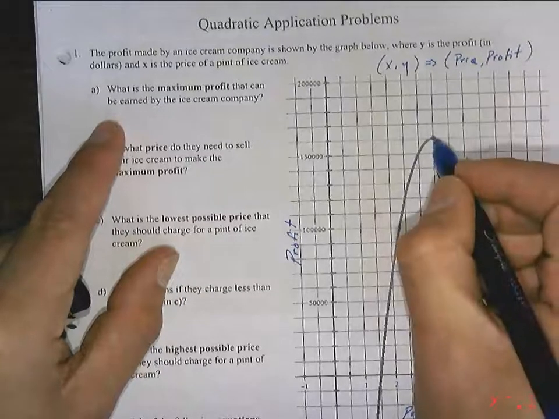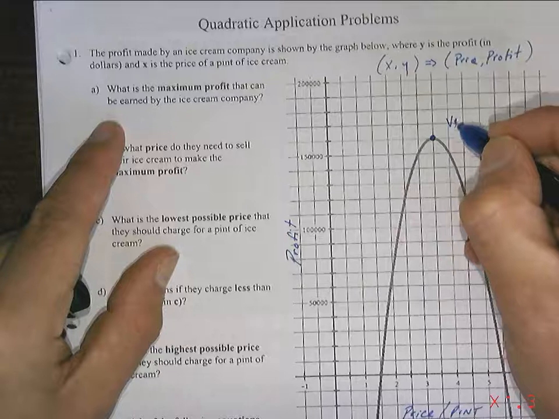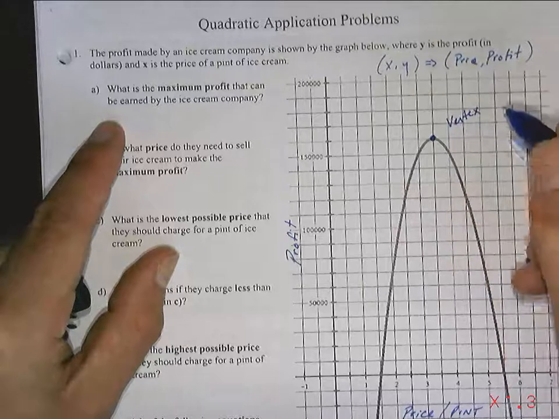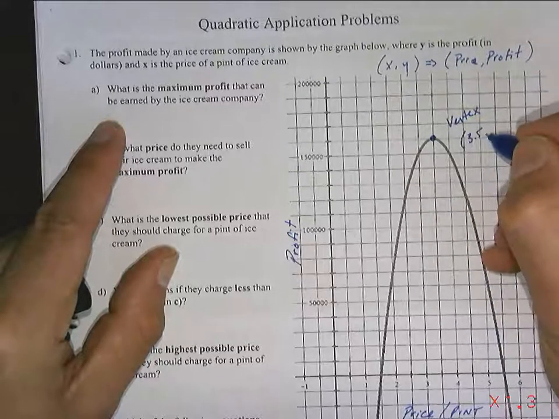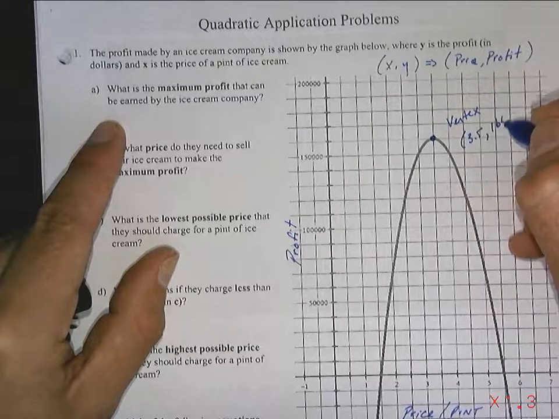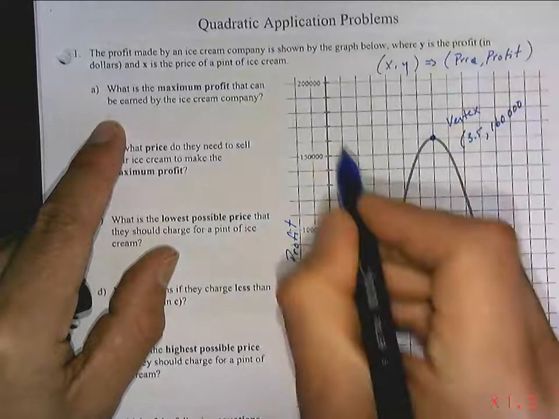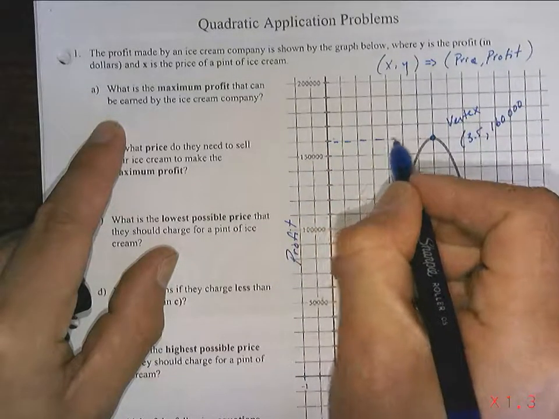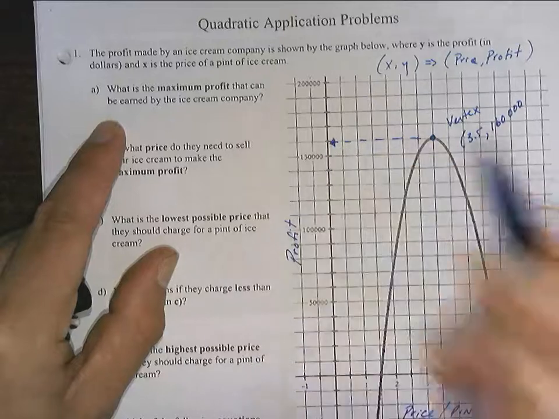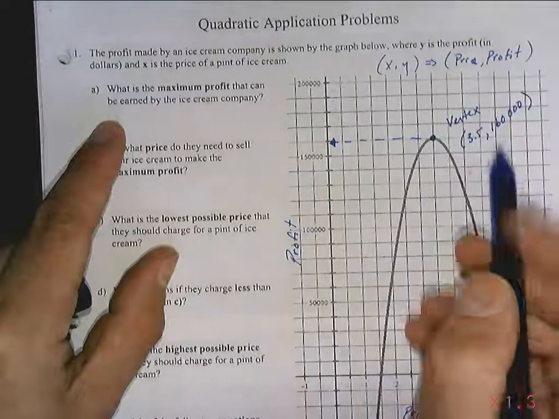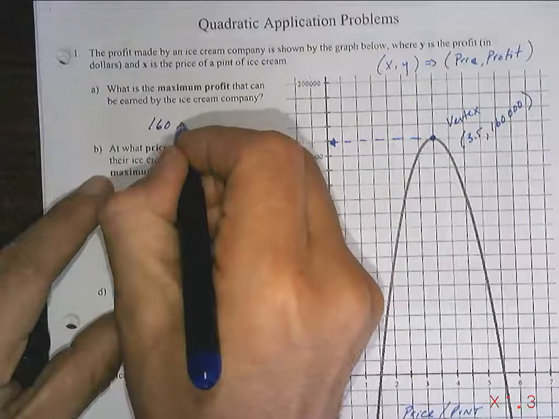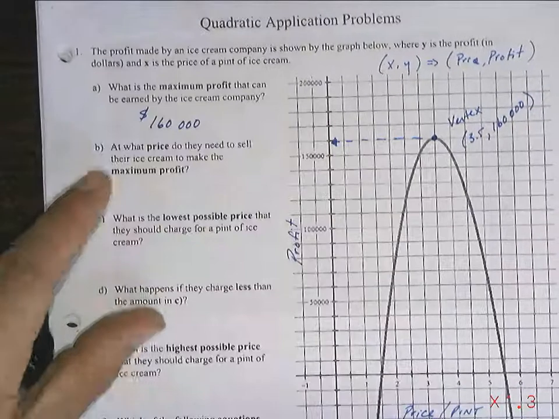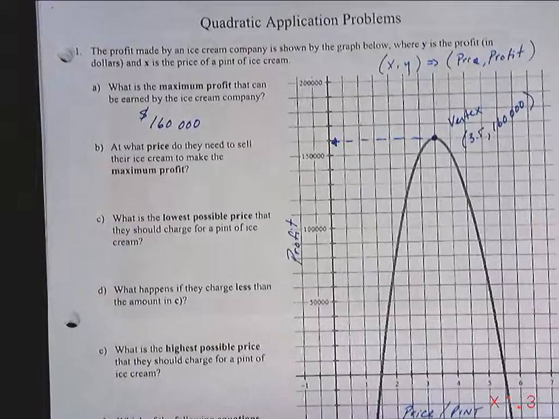So when I see the vertex here, and I see that that vertex is going to be at approximately 3.5 comma $160,000, what I'm noticing is that my maximum profit is found by that vertex, and it's going to be $160,000. Not bad for making ice cream.